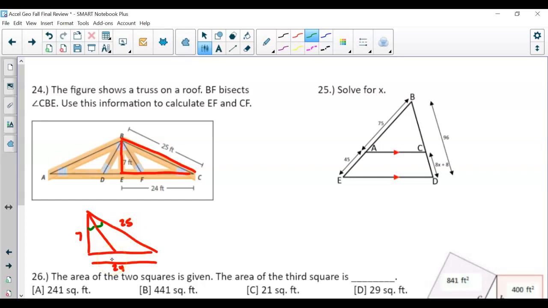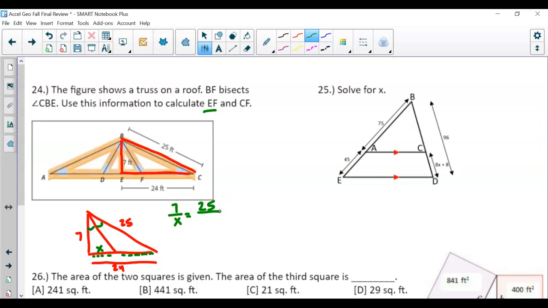So we can set up our ratio. The problem is we don't know either of these two pieces. So let's just say we are looking for EF, right? EF is X. So if I have 7 to X, then that's equal to 25 to, well, what's the other piece?